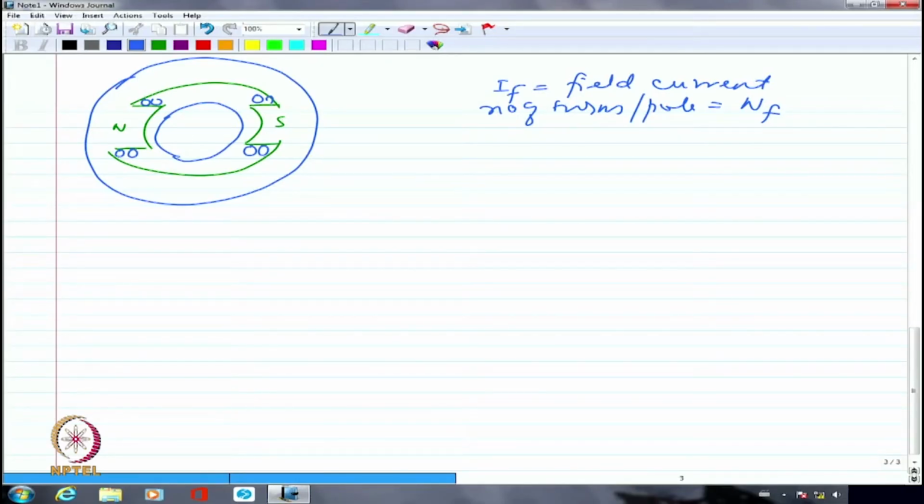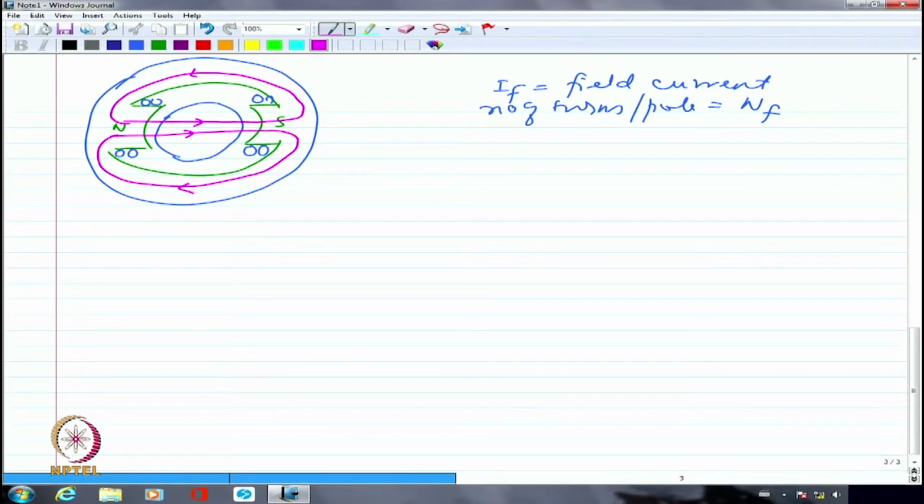Now, if I look at the overall field line, it is going to go like this and then complete its path like this. Similarly, I am going to have a field line going like this. So I should be able to calculate the reluctance corresponding to this magnetic circuit path.